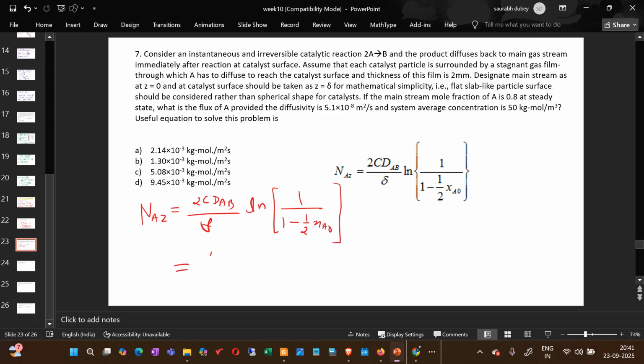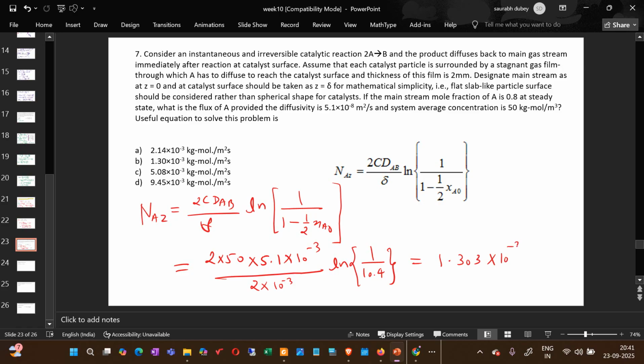So when you solve this, 2 into 50 into 5.1 into 10 power minus 3 divided by 2 into 10 power minus 3, ln of 1 divided by 10.4, it will give you 1.203 kg mole per meter square.